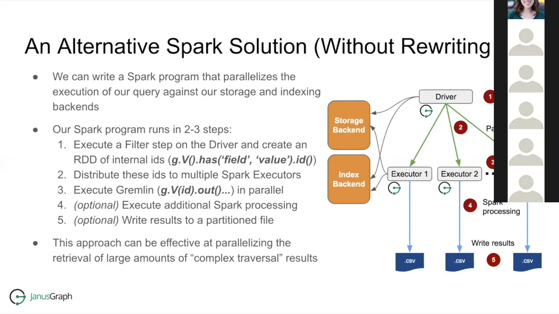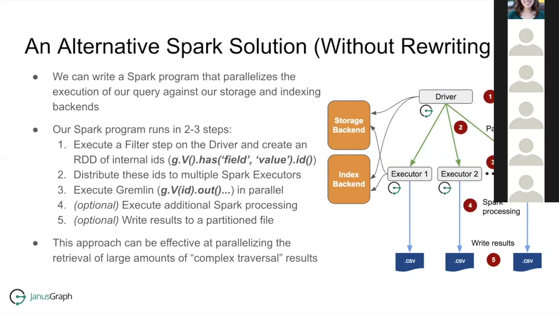But post that, we can basically execute any sort of additional Spark processing, because we're doing this in the form of a normal Spark program we might write in Java or Scala. And then once we're done with that, we can just write the results to a partition file, and we're kind of done. That now gives us a result that would look a lot similar to a normal Spark workload that your data science team is probably already dealing with.